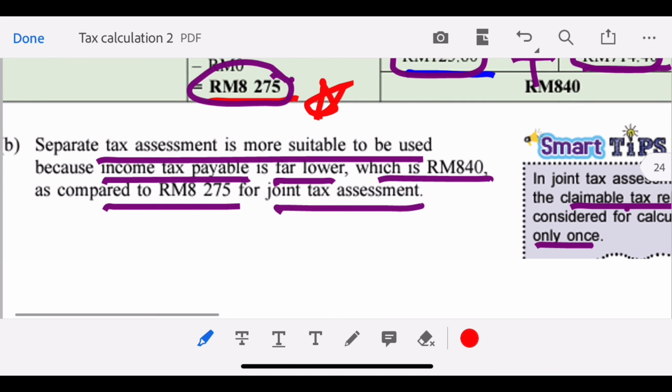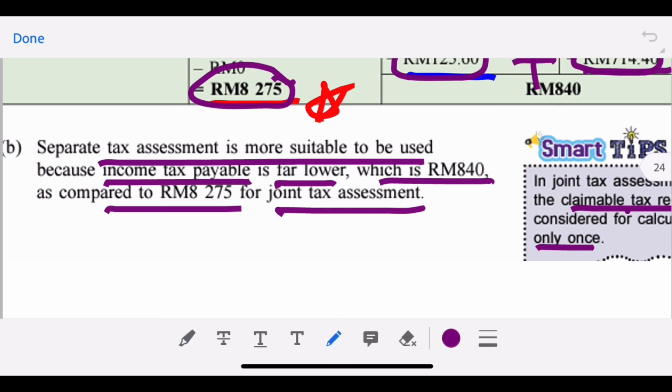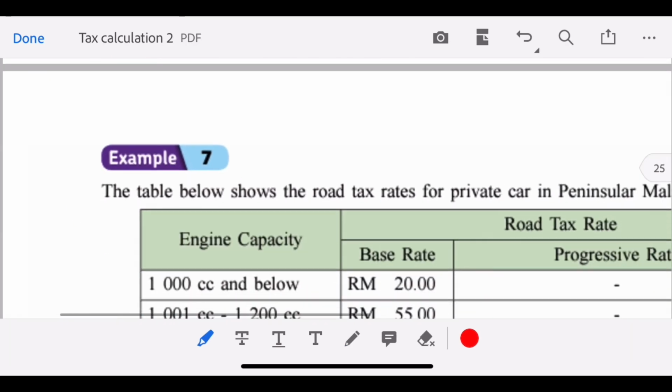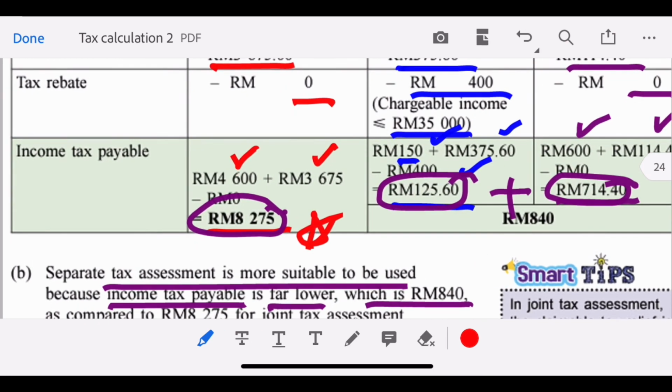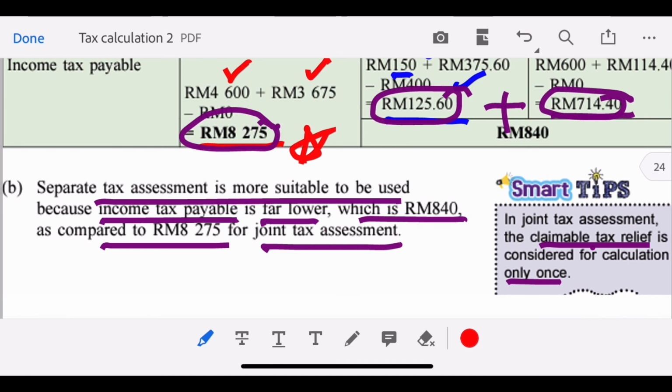You will choose to do separate tax assessment, maybe for the family. Okay, so that is how we managed to come up with a conclusion that a separate tax assessment is more suitable compared to joint tax assessment.